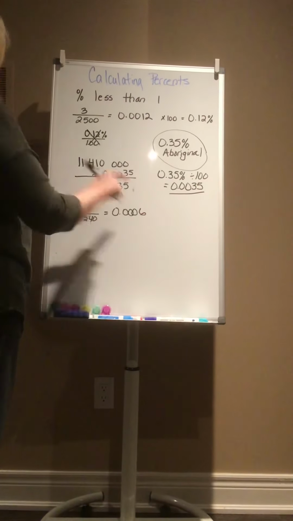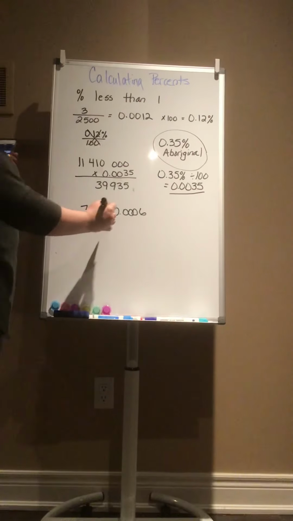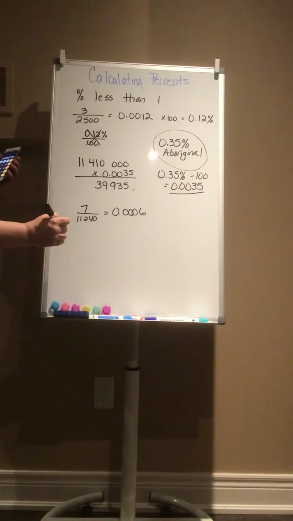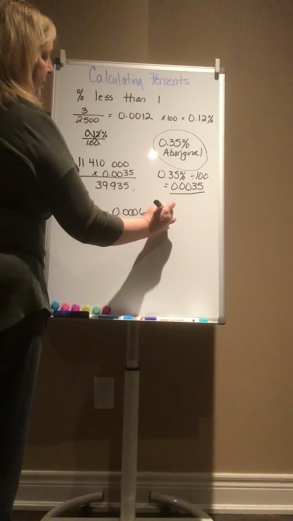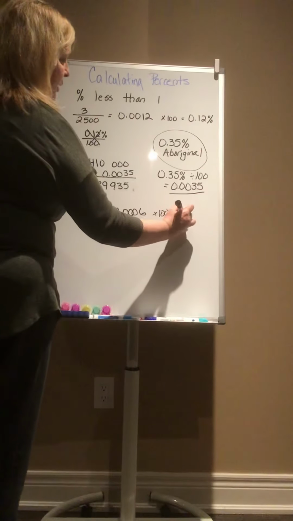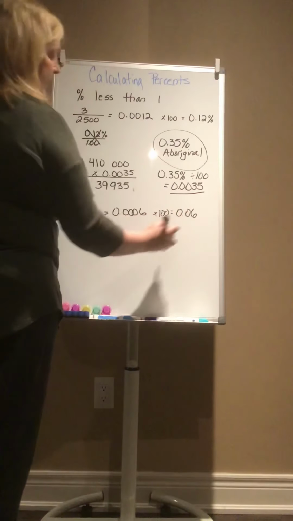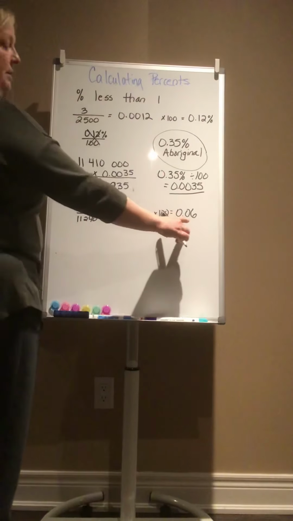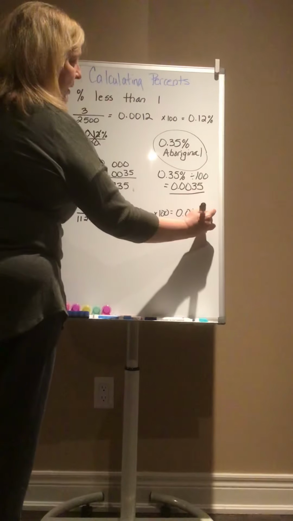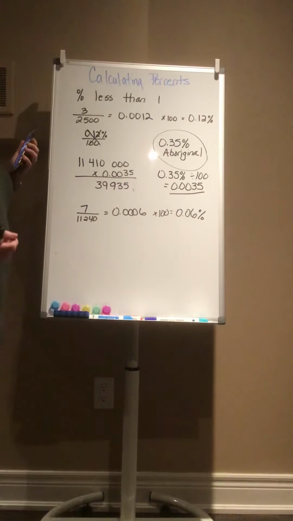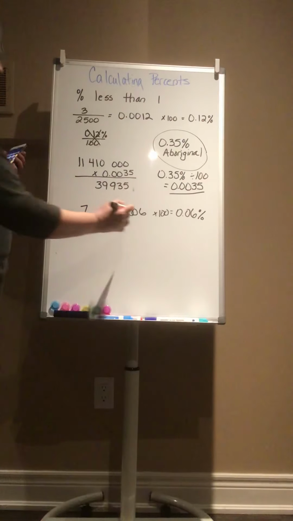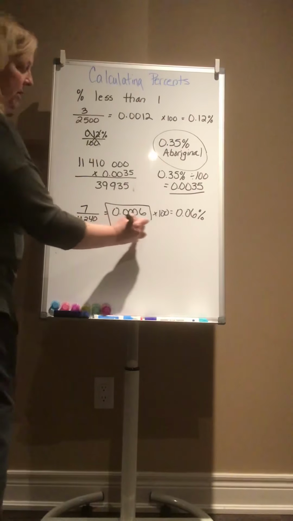And I'm going to leave that because my next digit is a 2. So this is it as a decimal. If I wanted to change that to a percent, I'd multiply by 100, which would give me 0.06. That means we have 0.06 of a percent. So about 1/13 of 1%.